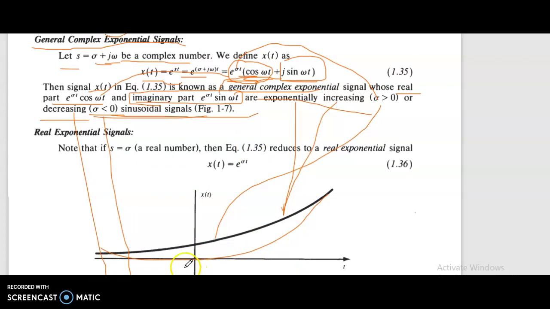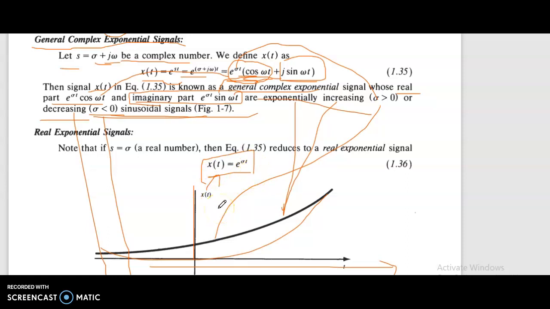Here the x-axis is time t, in seconds, and the y-axis is x of t, where x of t equal to e power sigma t.